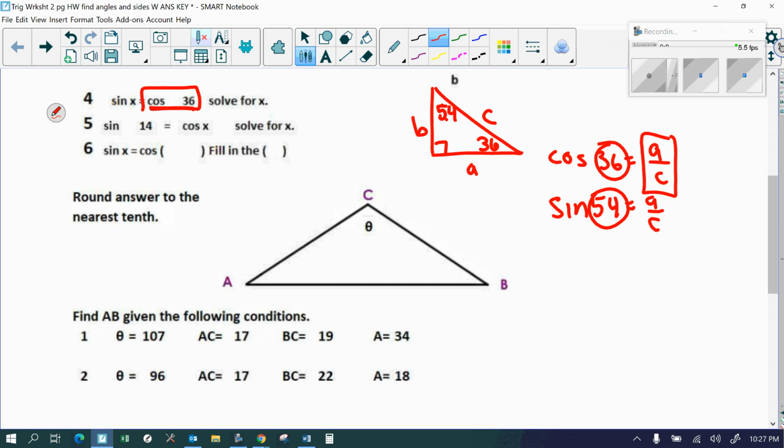These are complementary angles every time. Now if they just called it x instead of giving me a number, how do I get the other angle? Well, I showed you that in one of the other videos when you have theta. The other one has to be 90 minus theta, right? Because they have to add to 90 degrees. So this has to be 90 minus x. So x plus 90 minus x still adds to 90 degrees.